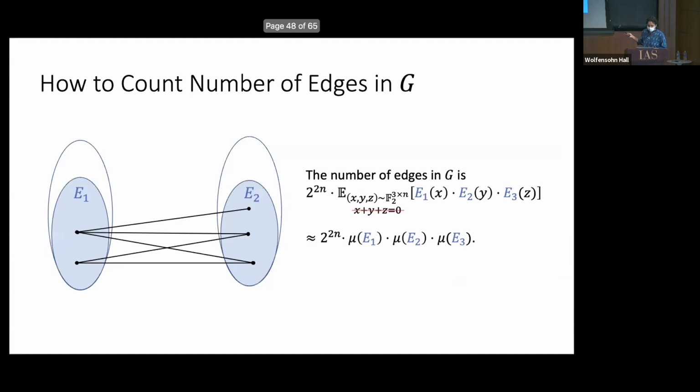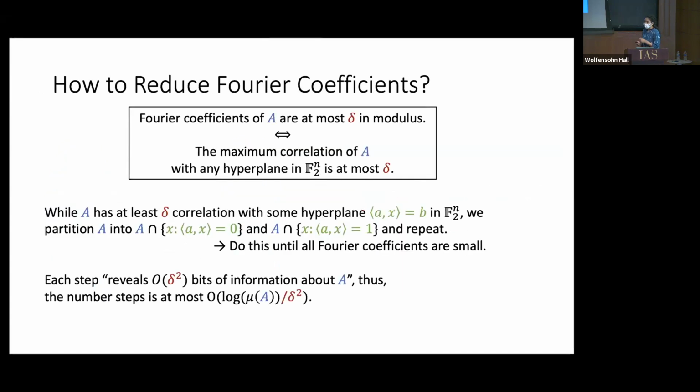So you still didn't justify the assumption that delta is small. Yes. So now the question is why can we assume that the Fourier coefficients are small? This is an argument that has appeared before, but what we're going to show is this. Every time you have a large Fourier coefficient, it turns out that you can break up the event based on the Fourier coefficient, and you will not do this too many times.